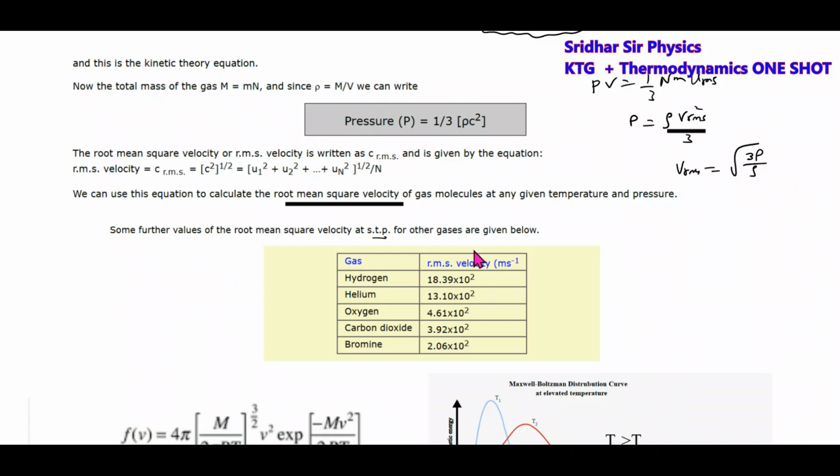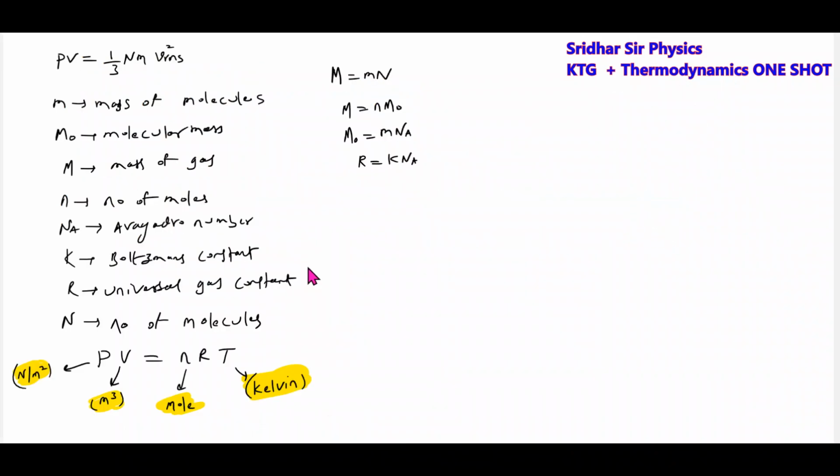They are not moving with a small speed, it is a very high speed. With this much speed, the molecules will be moving inside the vessel, and they will be moving in random directions. So here we will express this RMS speed. Already we have derived PV equals 1 by 3 N m V rms square.